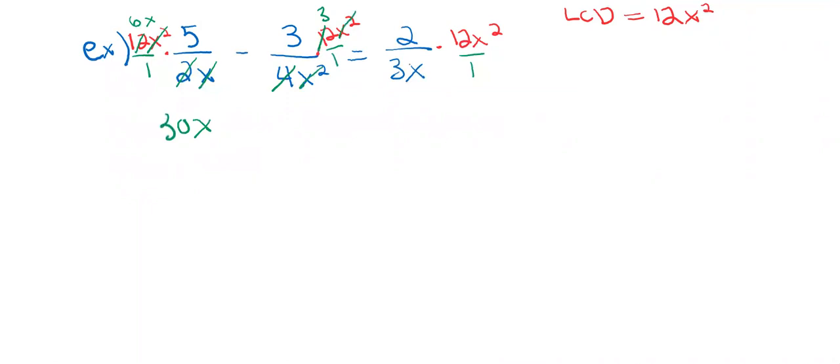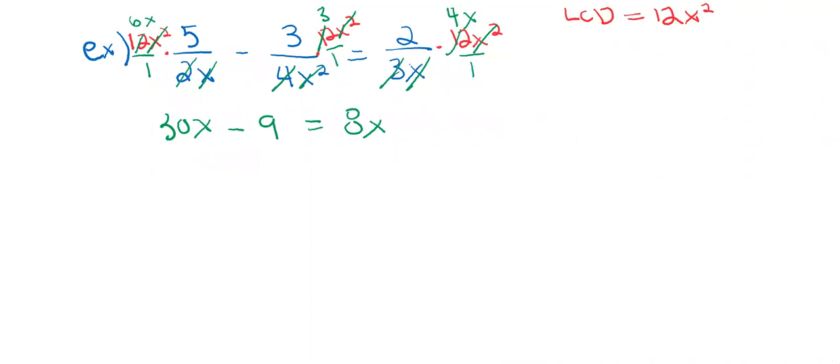So I'm left with 3 times 3, or 9. For the last one, we're going to cancel the 3 with the 12. That's going to leave us with 4. The x goes into x squared 1 time, leaving me with 1x. And 2 times 4x leaves me with 8x.